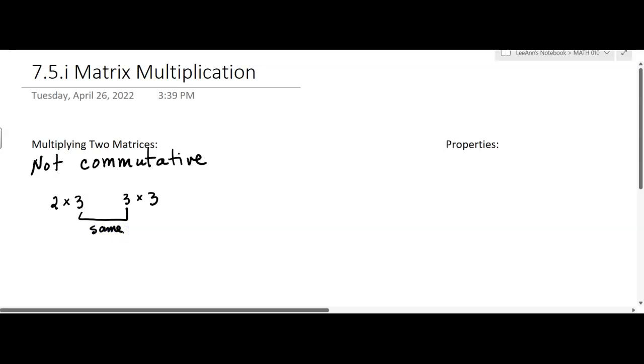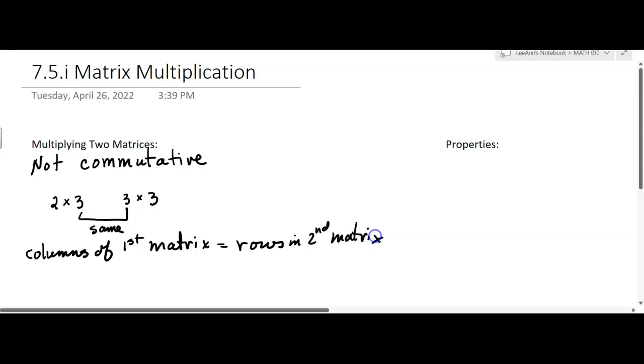Okay? So the columns of the first matrix has to equal the number of rows in the second matrix. Okay. If they're not, then you can't multiply them.